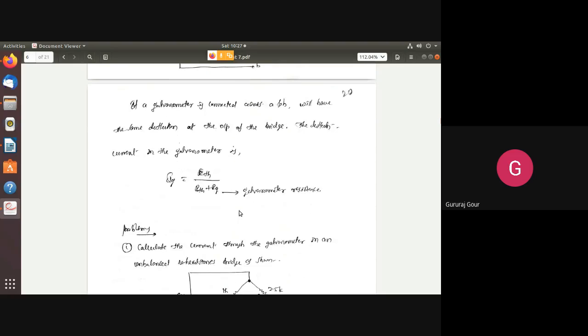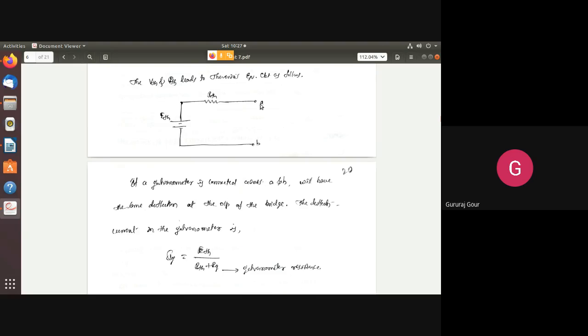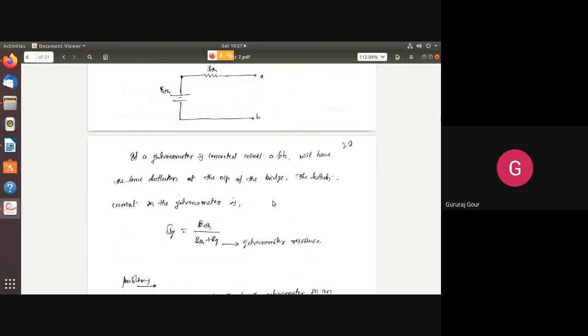The deflection current in the galvanometer is found like this. Suppose you connect the galvanometer here, having some internal resistance RG. Then in that total loop, the current flowing through the galvanometer, Ig, is equal to ETH divided by the total resistance, RTH plus RG.